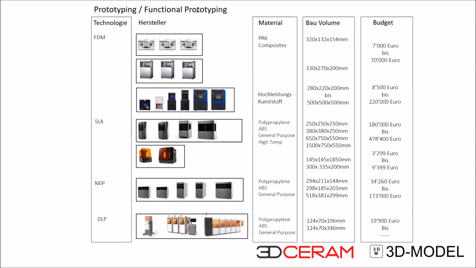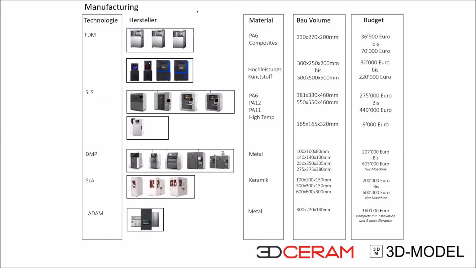And you see that we have alone here many different options. And in the manufacturing area, again, we have certain types of machines that can fulfill these areas. And therefore, today we will be talking about ceramic.